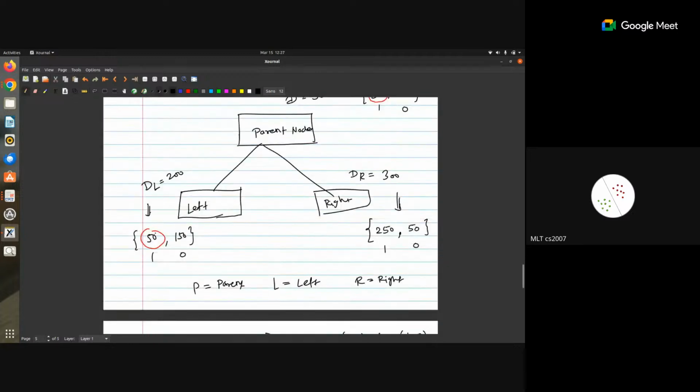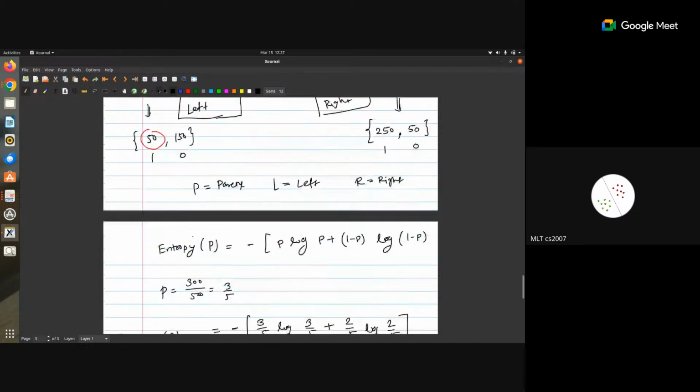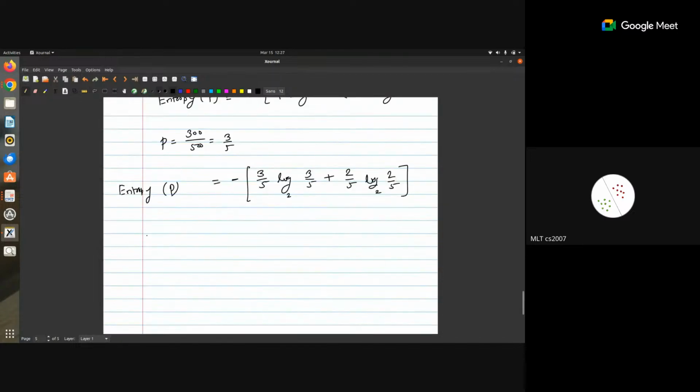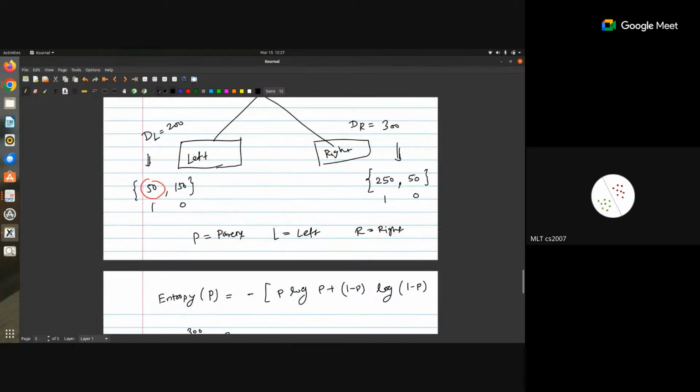What is the entropy at the left child? Entropy left will be minus of, what is the proportion here for ones? Let's say PL will be 50 by 200, PR will be 250 by 300. So basically this will become 1/4, right?